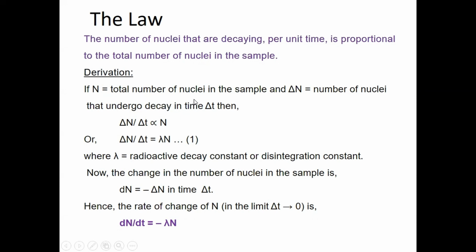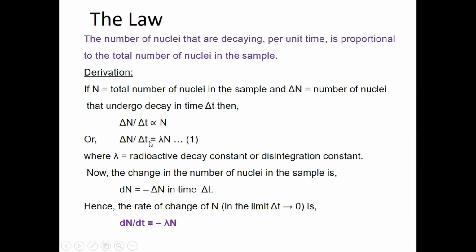If N is the total number of nuclei in the sample, and delta N is the number of nuclei that undergo decay, or a change, in time delta t, then the rate of change is delta N divided by delta t, which is proportional to N, and therefore we can write a proportionality constant lambda.